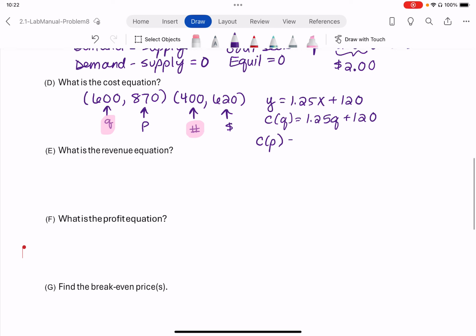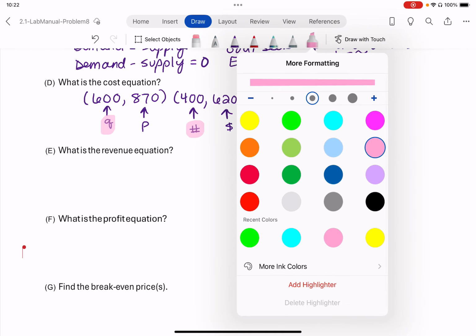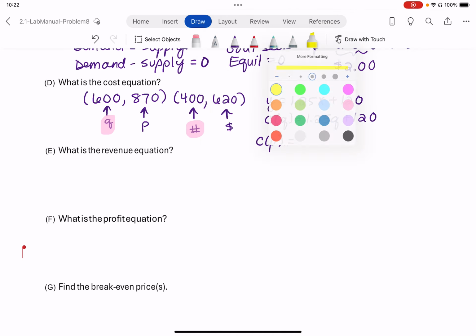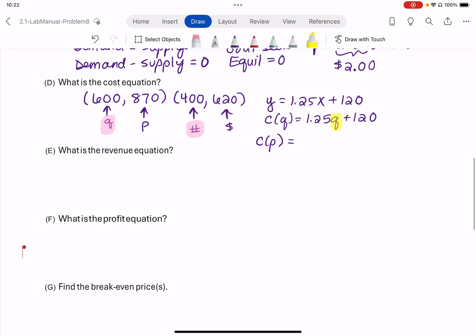So my C of P, and I'm going to choose yellow here. My C of P, I need to get that Q out of there and get a P in there instead.